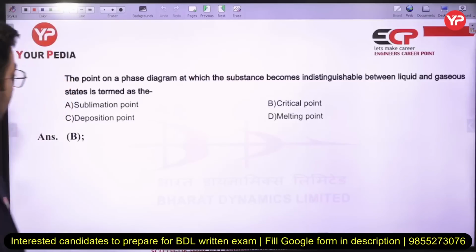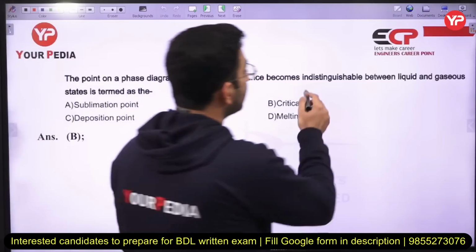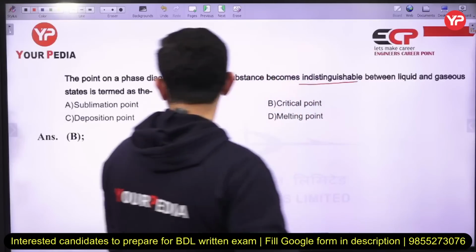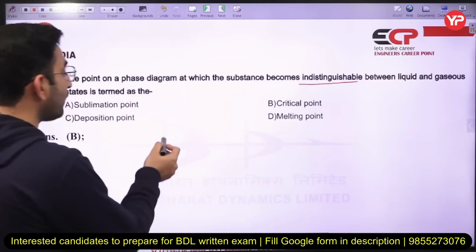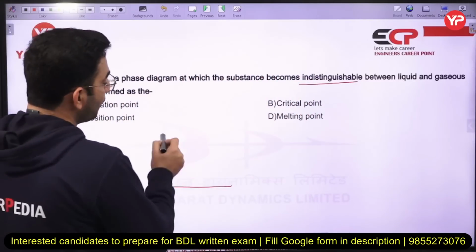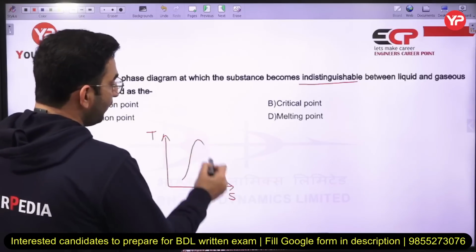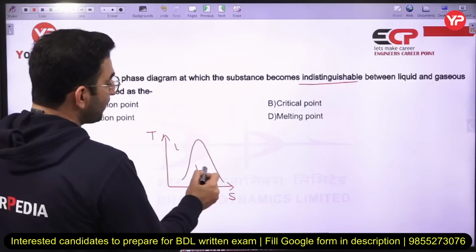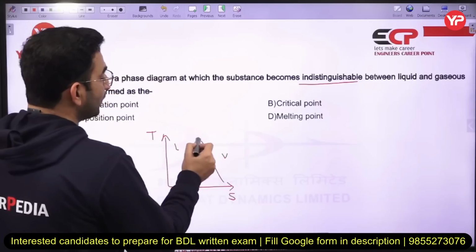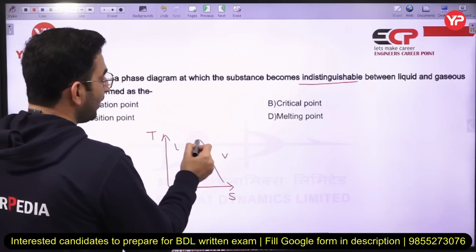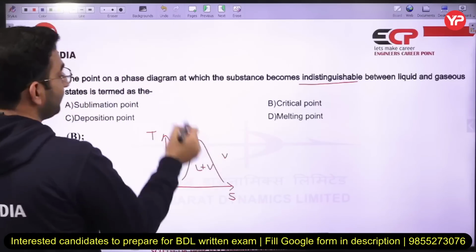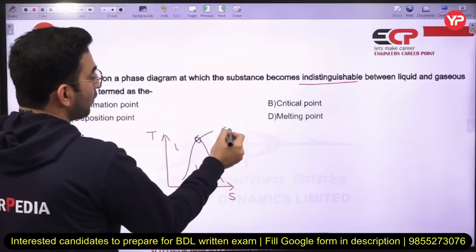Next part, the point on the phase diagram at which the substance becomes indistinguishable between the liquid and gaseous state. Here you have to simply draw the TS diagram. If you draw the simple TS diagram, temperature entropy diagram, of a pure substance, showing the liquid plus vapor region as well as the vapor region, there we have a point at this state, and this point is known as the critical point.